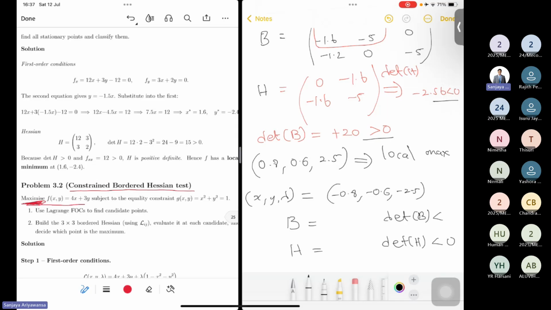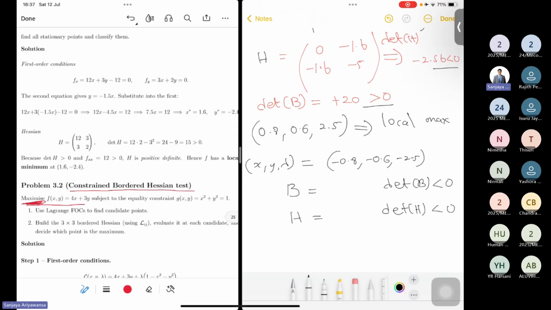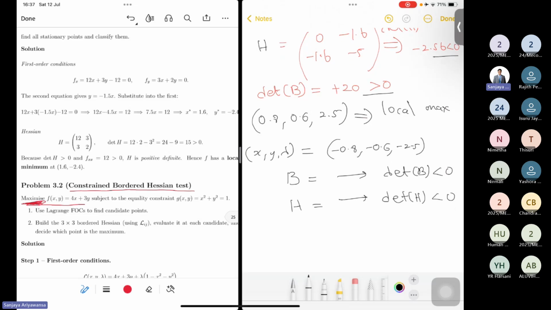And for the determinant of B also, you would get a negative value. You will see that when you calculate it. The signs do not alternate, and because of that, we say that the bordered Hessian test fails in this case. So this second candidate is not the answer we are looking for.